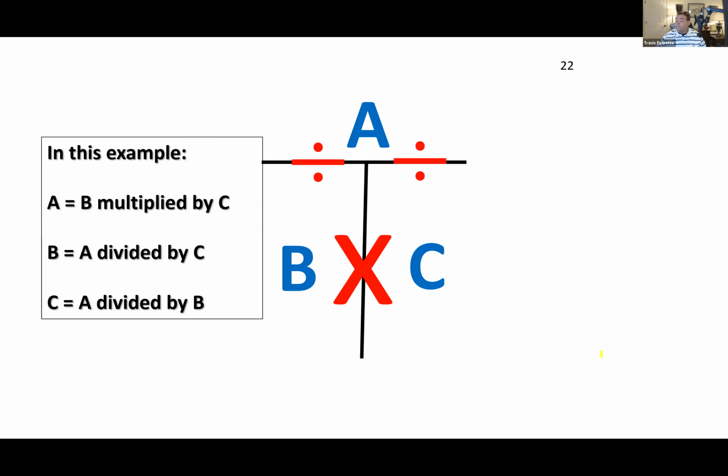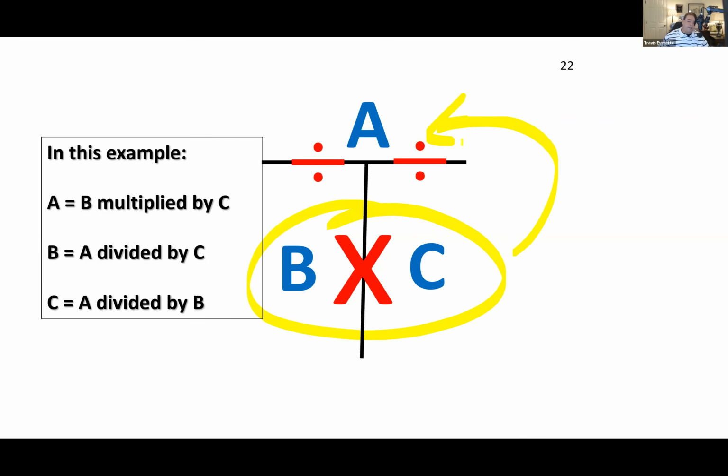Like you look at B and C, they're side by side here. And that's why you see a multiplication symbol between them. Here's the good news. B and C, if you multiply them together, they give you A. Those two numbers, always, if you multiply them with each other, will give you the number on the top.